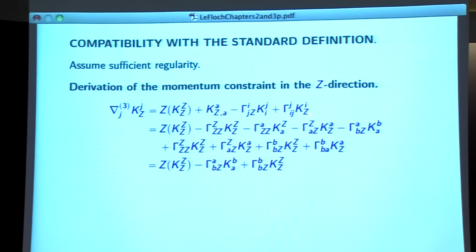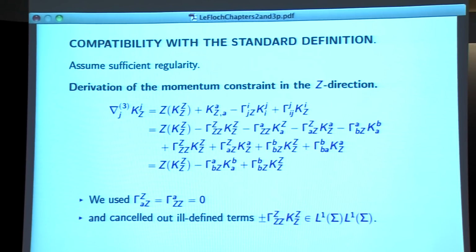There are indices and summations here, so I just decompose in terms of the component for x and y and the component for z. And then it turns out that a number of terms cancel out, so I'm happy with the last line here, which is the expression of the divergence of kjz.